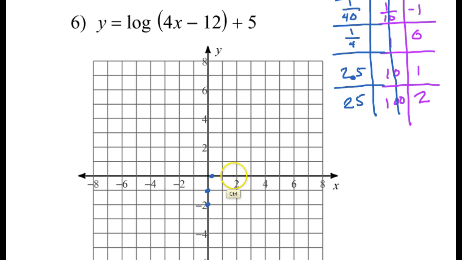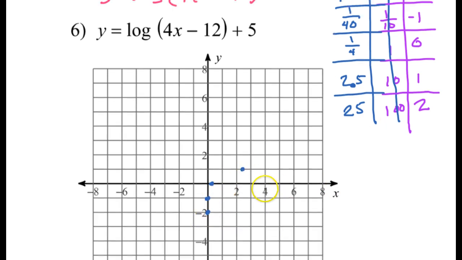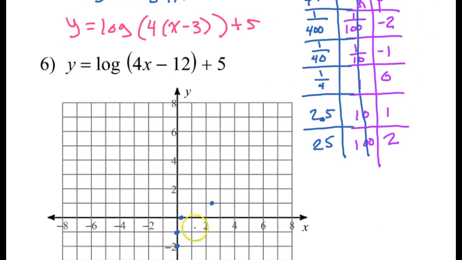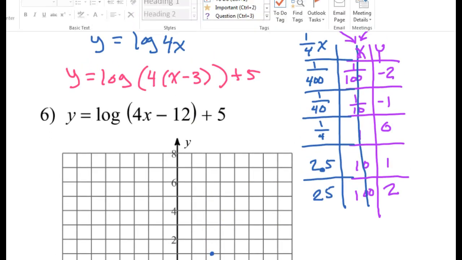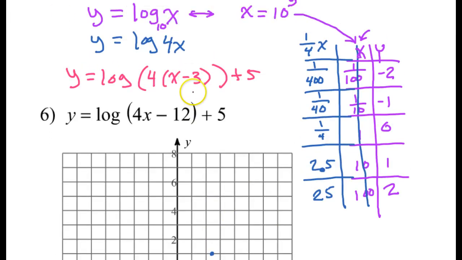And then 2.5 comma 1 is right there. 25 comma 2 is way off the graph, so we will have to suffice ourselves with these 4 dots. Okay, but do not connect them, because it's time to talk about the horizontal and vertical transformations.